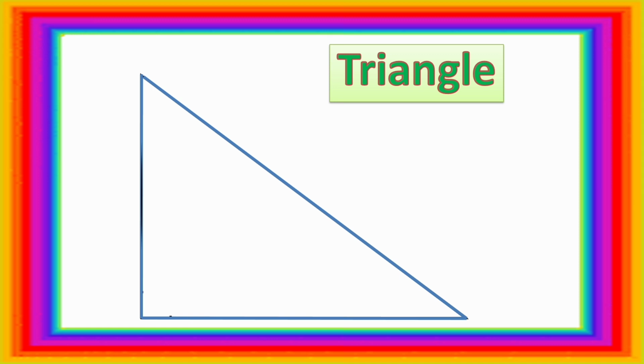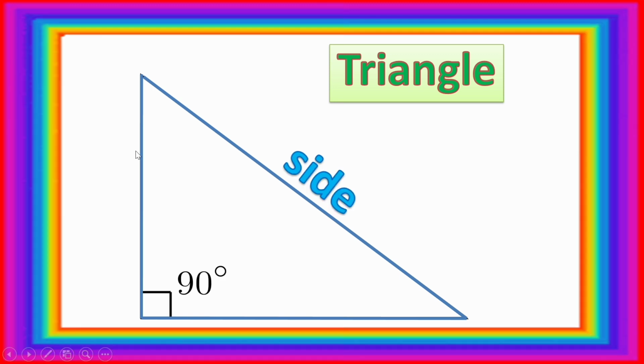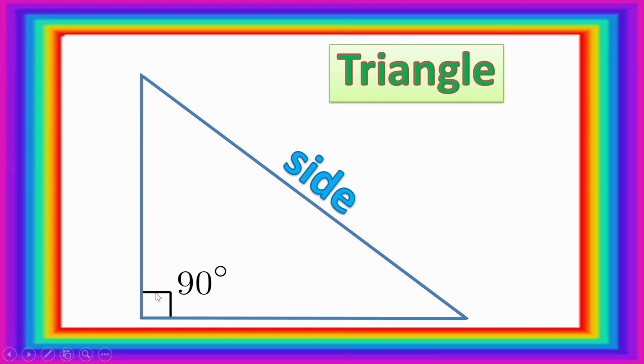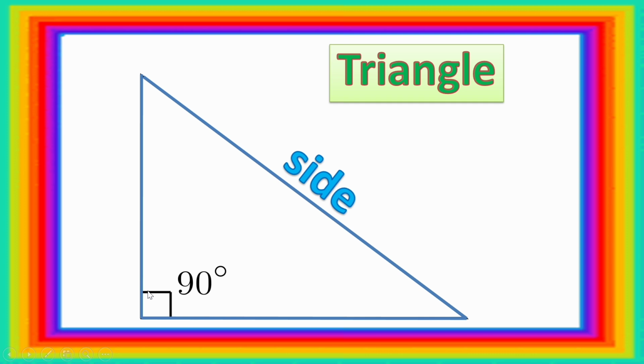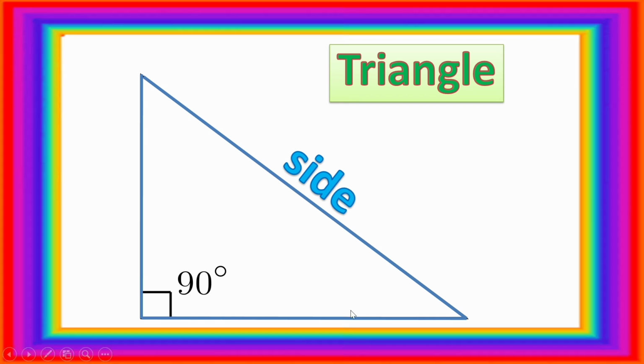And this triangle has one right angle. Okay, it forms a perfect L. Alright, this one here. So it measures 90 degrees. If the angle measures 90 degrees, it is called a right angle.